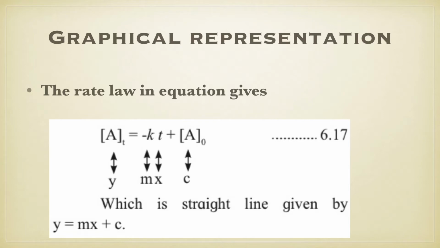This is the hint you will get. On the y-axis there will be the concentrations, that is the final concentration, different concentrations I will be taking. On the x-axis I will be taking time, and the slope is nothing but minus k, and the intercept will be the initial concentration. Now we'll see the graph of this.